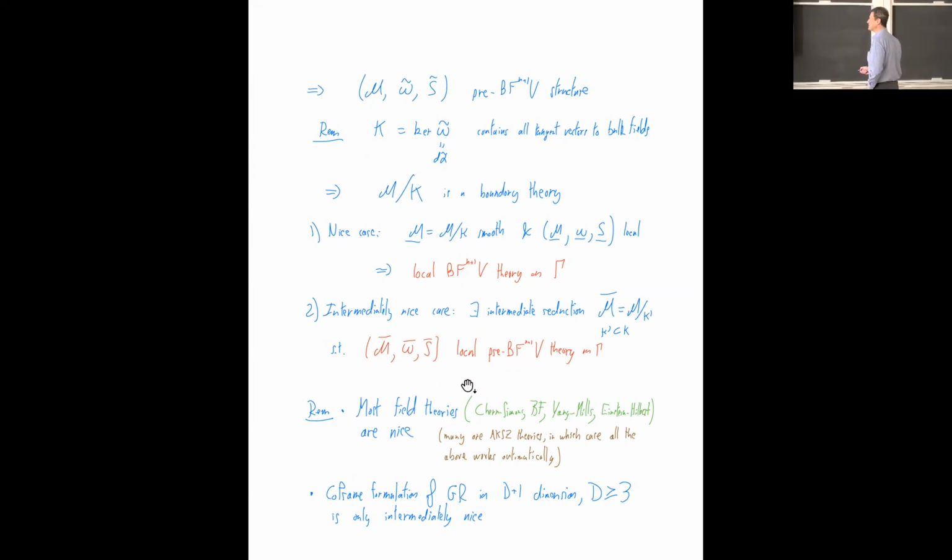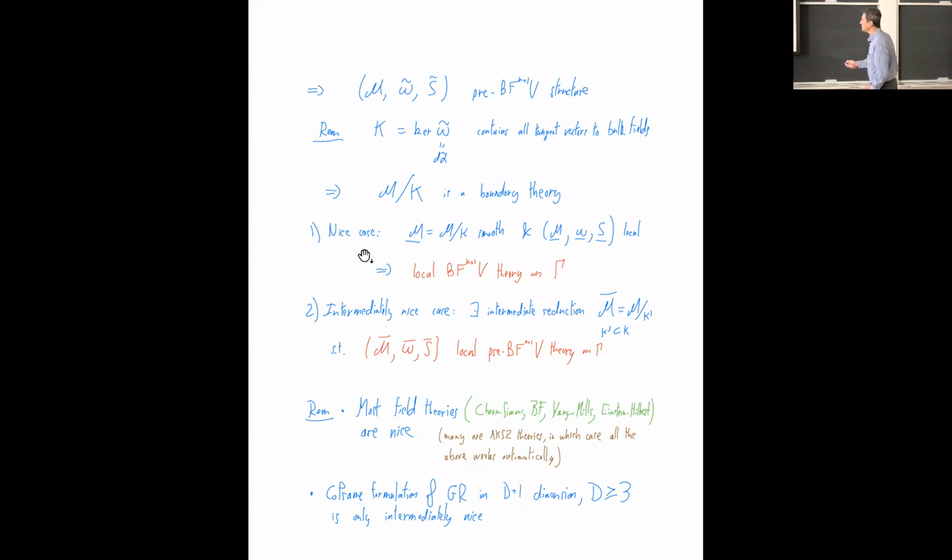Now most field theories are in the nice case, so we are very lucky. So you can take one example of our favorite topological field theory like Chern-Simons theory and BF theory, but also physical theories are offering a nice case. For example, Yang-Mills theory is in the nice case, but also gravity. If you take the Einstein-Hilbert formulation of gravity, the second order formulation, it also lives in the nice case.